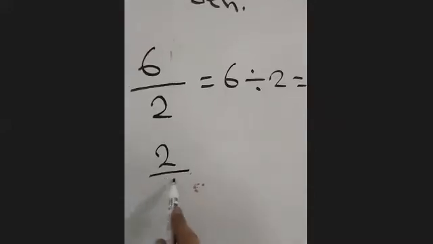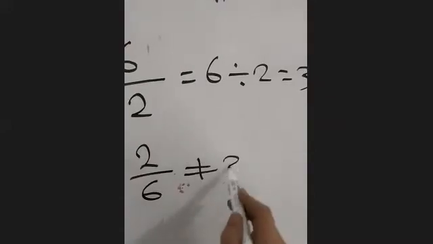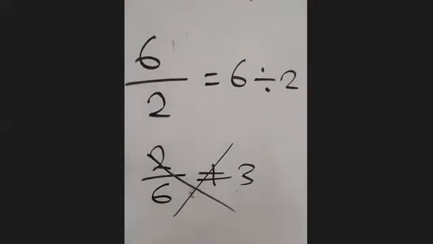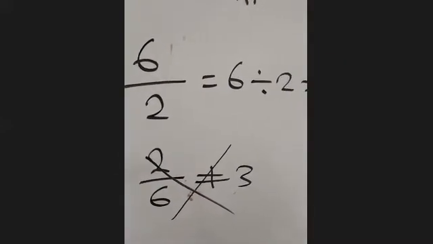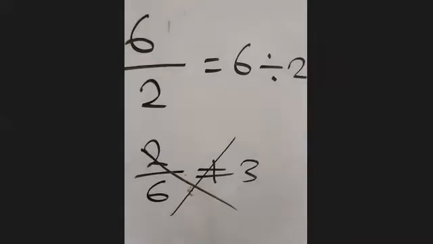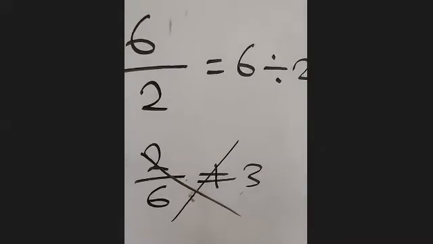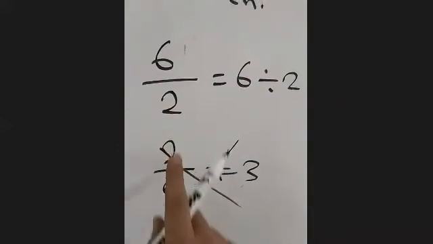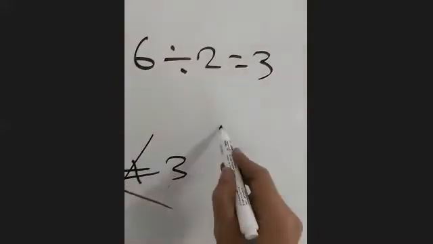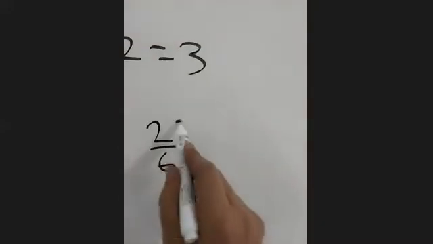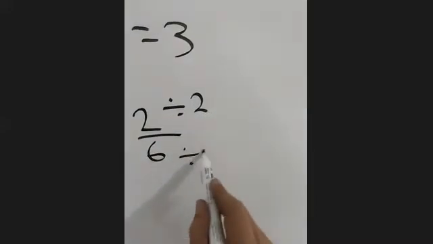But 2 over 6 is not 3, guys. Do not put 2 over 6 equal to 3. No, this makes me very, very sick. Okay? Don't do that. Do this. 2 cannot be divided by 6. 2 over 6, if you remember in grade 5, we did something we call the simplest form.